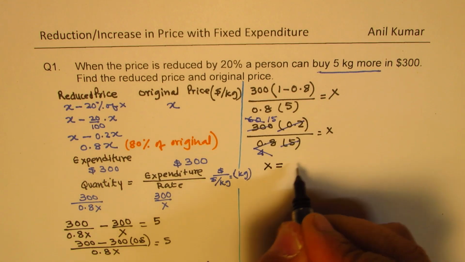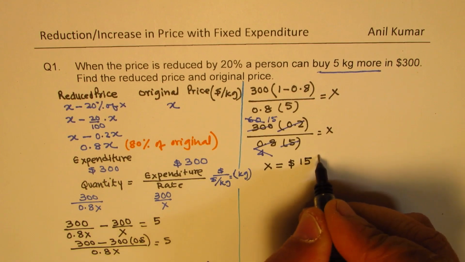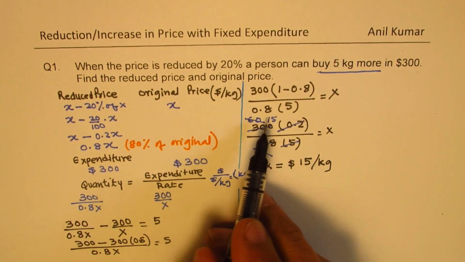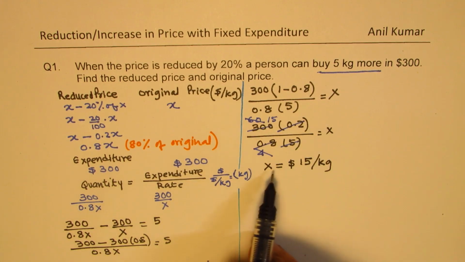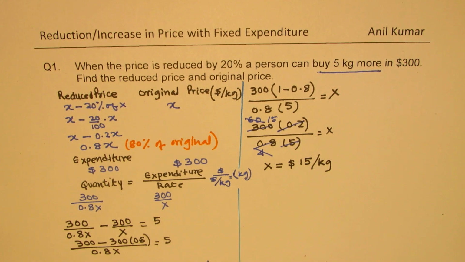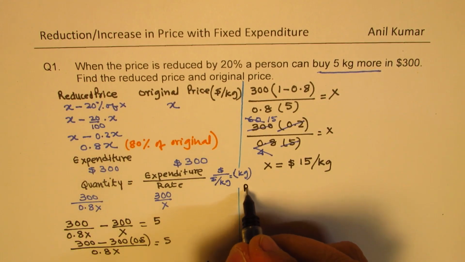So x is equal to, in dollars, 15 per kg. Correct? So the rate is dollars per kg. The original price is $15 per kg. Clear? Now what is the reduced price?